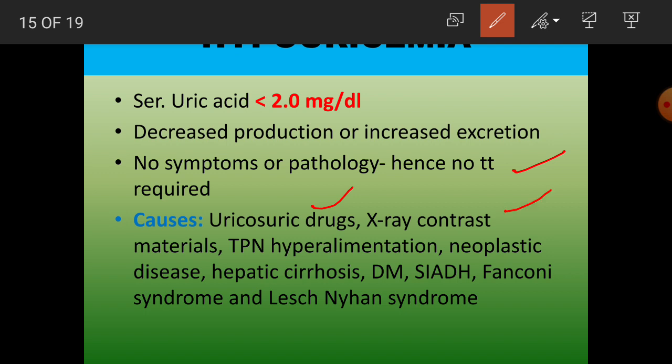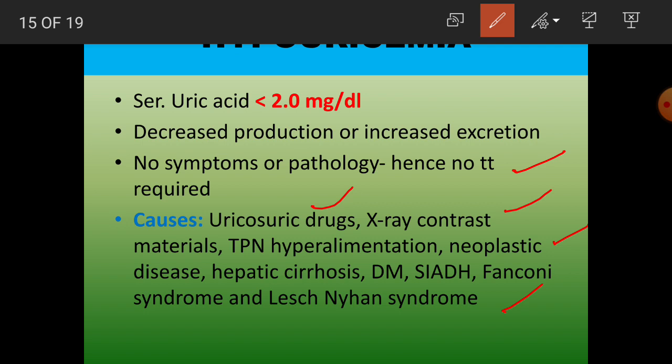X-ray contrast materials also may lead to it. Then TPN, hyperalimentation. TPN is total parenteral nutrition, bypassing the GI tract when we give nutrition through an IV line. If it is complicated, then also we get hypouricemia. Neoplastic diseases, hepatic cirrhosis, diabetes mellitus, Fanconi syndrome, and Lesch-Nyhan syndrome also show it.